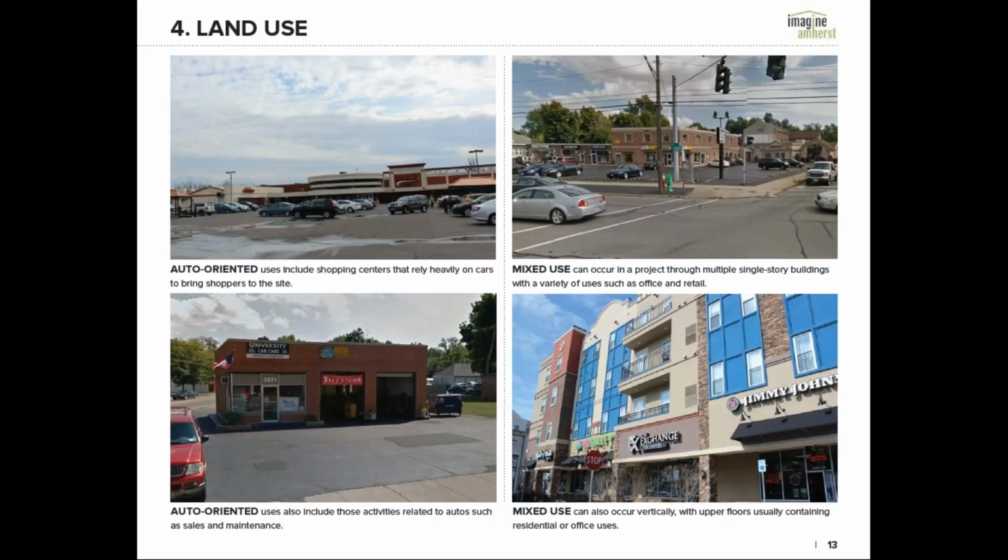In this case, there's a significant question about whether uses are auto-oriented, like the shopping center shown in the upper image, or like the actual auto-related use shown in the lower image, or whether they are more mixed-use kinds of settings, the upper image being horizontally mixed use, a series of adjacent mixed uses located horizontally but in the same setting, or vertically mixed use, as is seen in the lower right image, in which residential is located above retail.